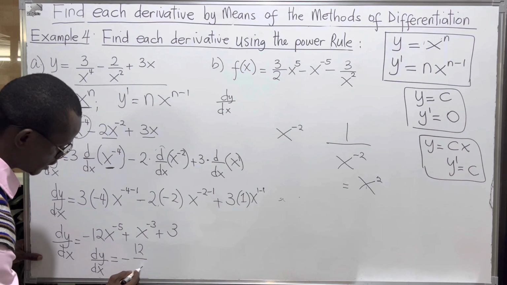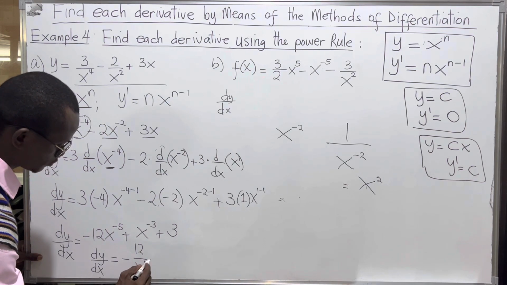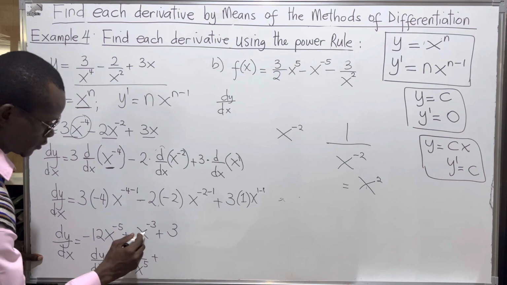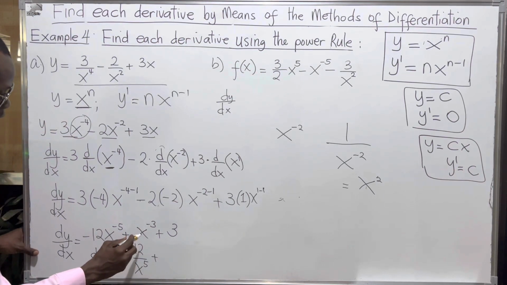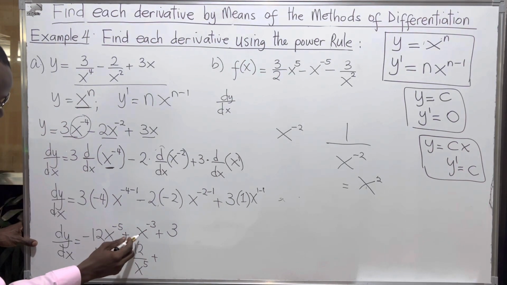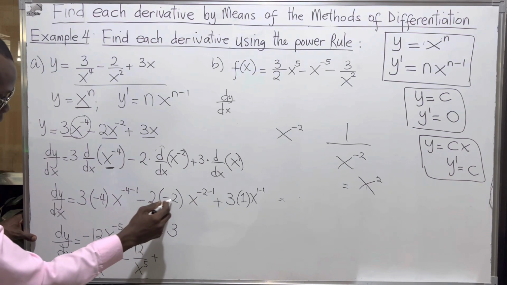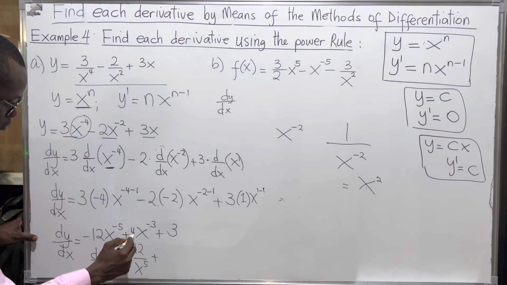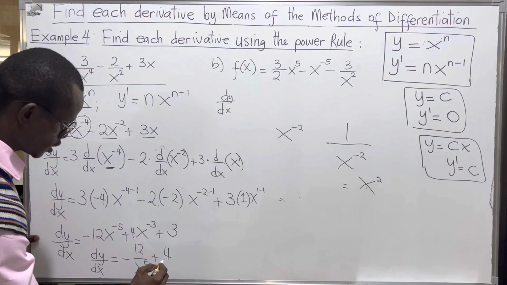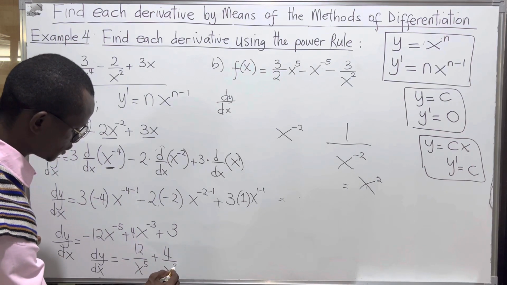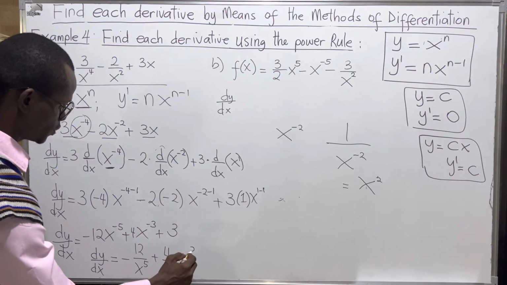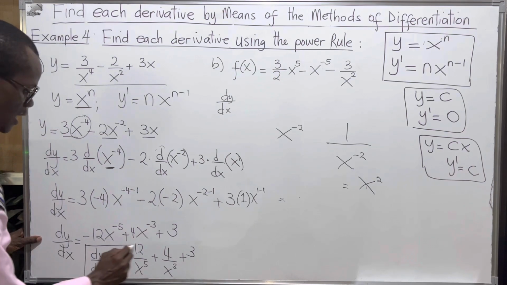Only the x. So it's x raised to the power positive 5, plus, this second one now is okay, the second term here we have 2 times 2 is 4, right? So it's 4 divided by x raised to the power positive 3, plus 3. So this is now our derivative.